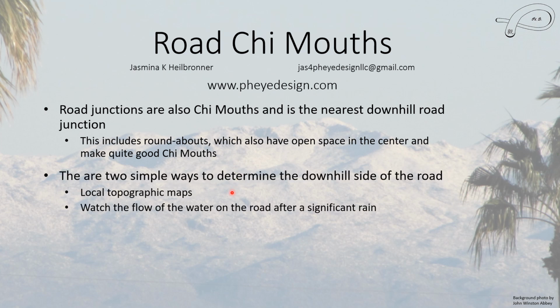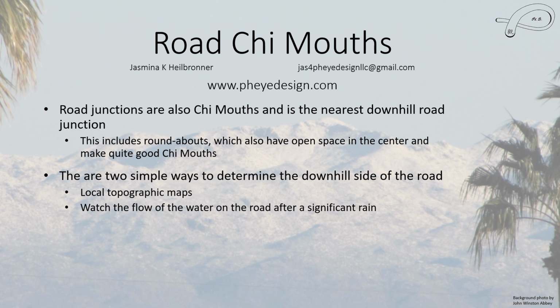Now, with many rivers or many roads, you can look and see which direction they're tilted. That is, they have enough of a tilt that you can see it. But a road can actually have a decent tilt and you can't tell. So there are two ways to do this. You can look at your local topography maps, if you can find them, but you can also just watch the flow of the water after a significant rain.